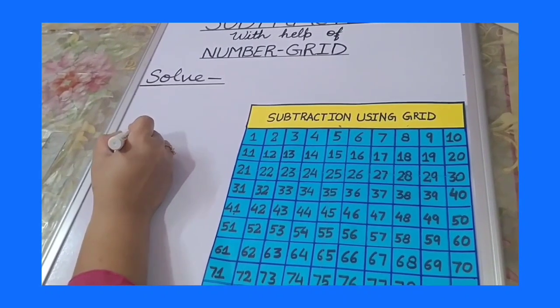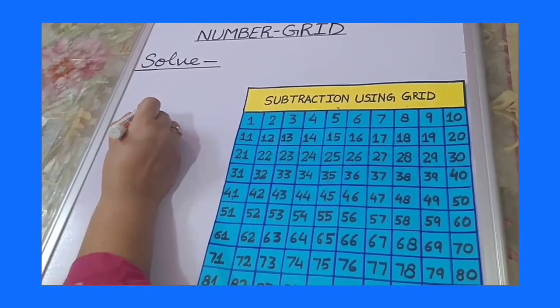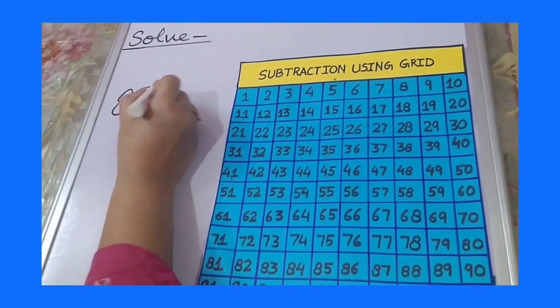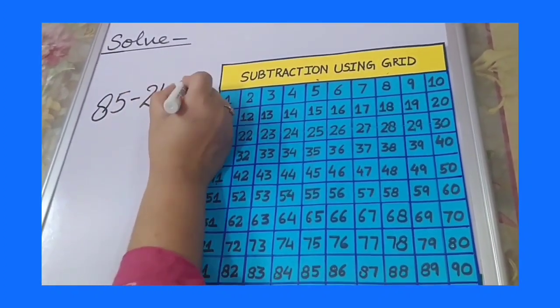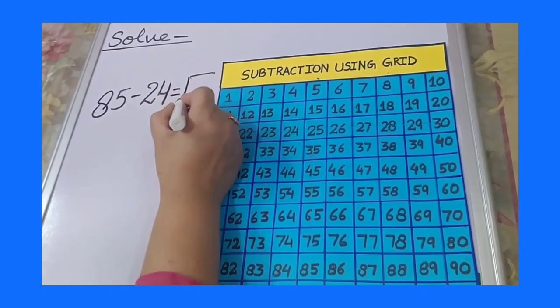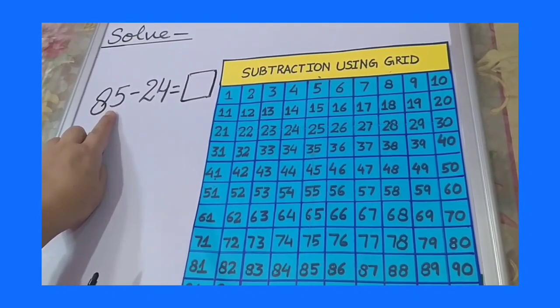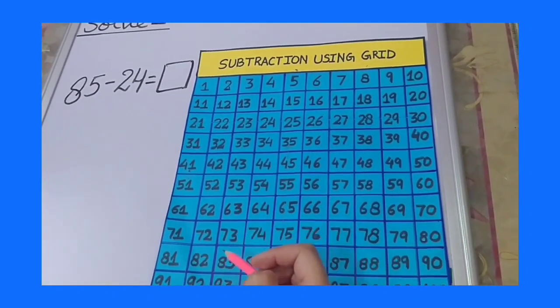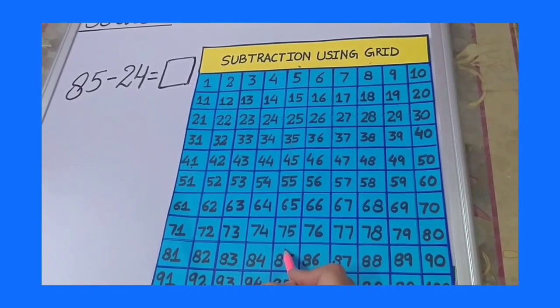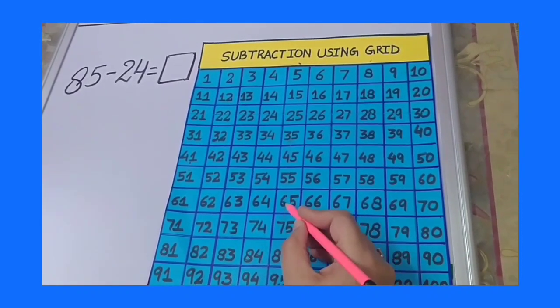Now, let's move on to another sum. 85 minus 24. Now, children, what will we do? Starting from 85, we will move 2 rows above, 1 and 2.